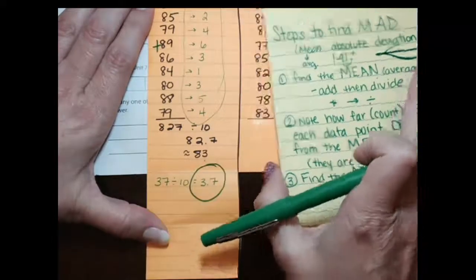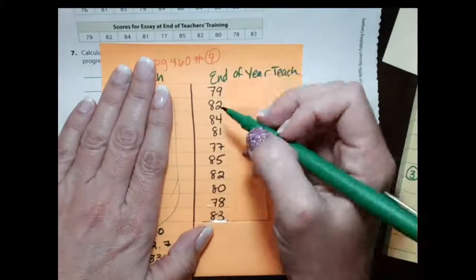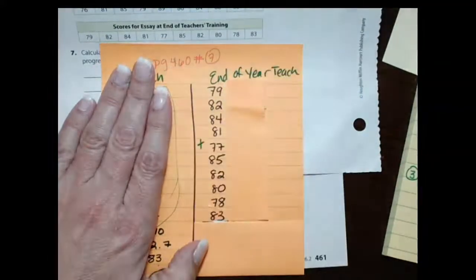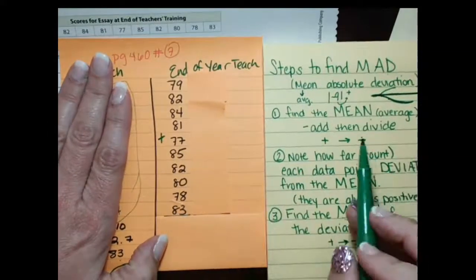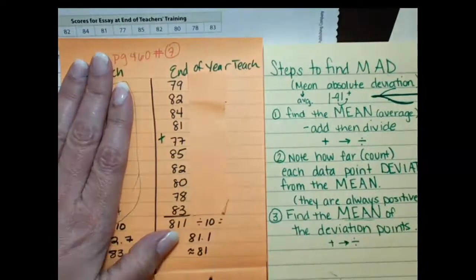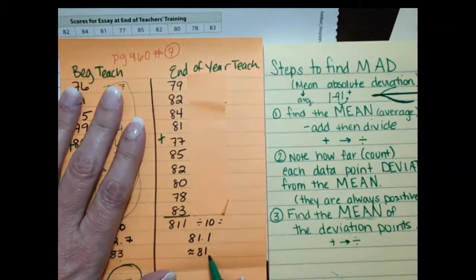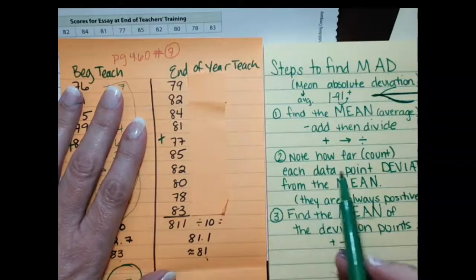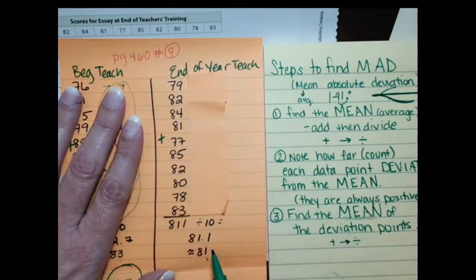So we're going to just leave that as it is and come over and look at the end of the year teaching numbers. So again, first I have to add all of them up. That's my step 1. Now I need to divide by 10 because that's how many are there. When I divide by 10, I get 8.1, which we're averaging a whole number here. These are all whole numbers, so 81. Step 2, we've got to figure out how far each one of these points is away from my 81.